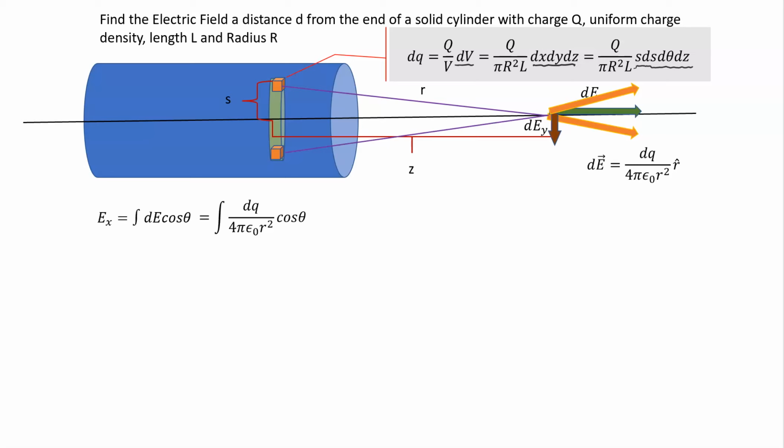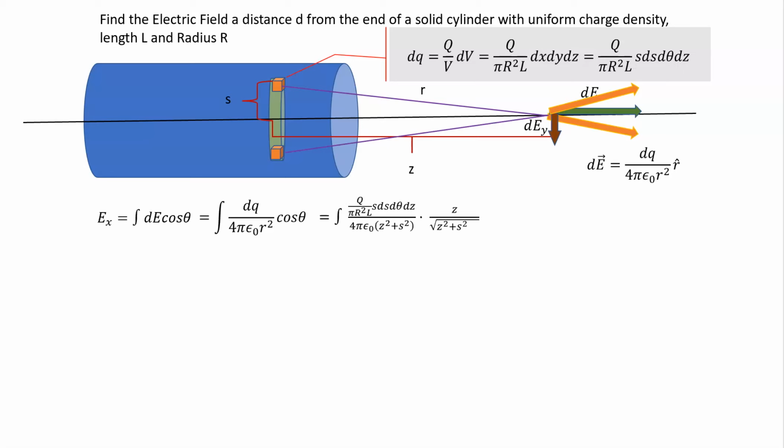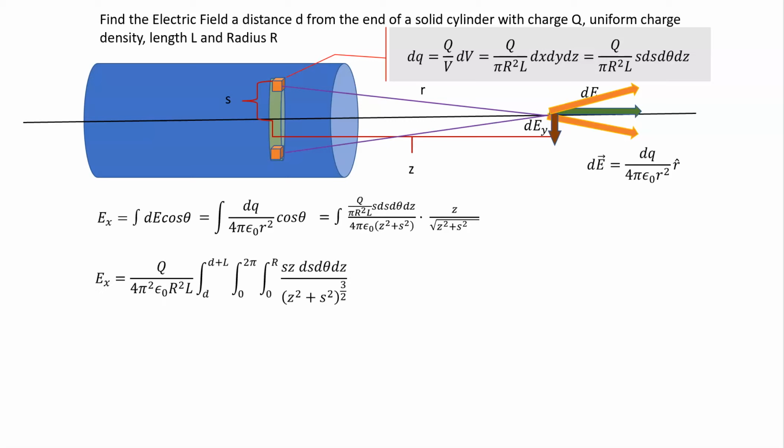Okay, so now if I make that substitution, all I've done is I've traded dq for the thing that I wrote above, and I've traded cosine theta for z over r, and this looks pretty messy. It doesn't look pleasant. It doesn't really get much more pleasant. But now at least I can set up the limits and simplify a little bit.